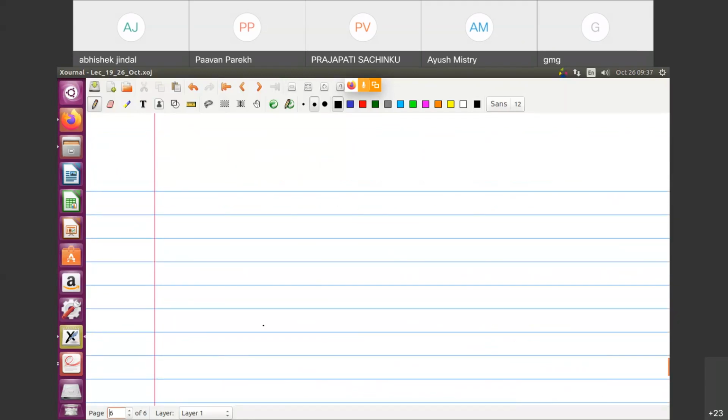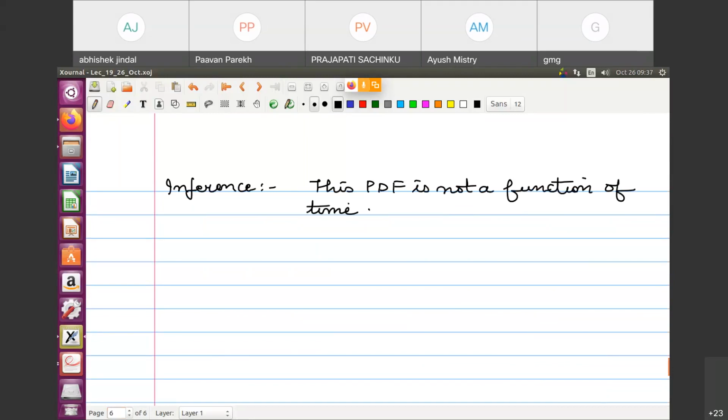So what do we observe? Let us write it down. The inference is that this PDF is not a function of time t.